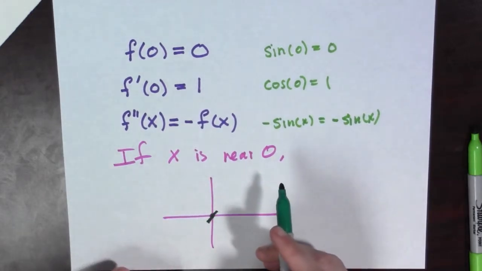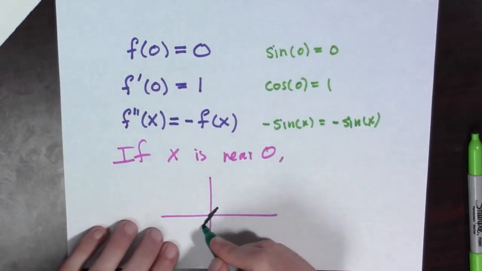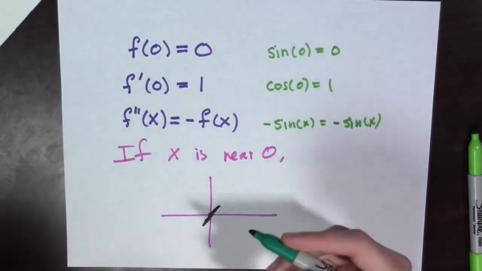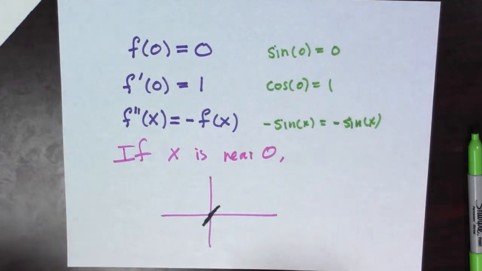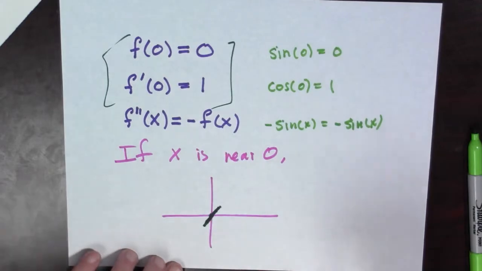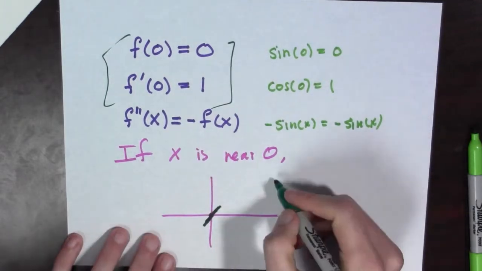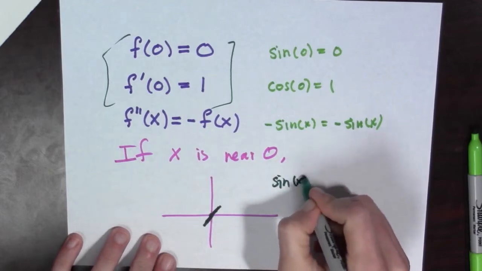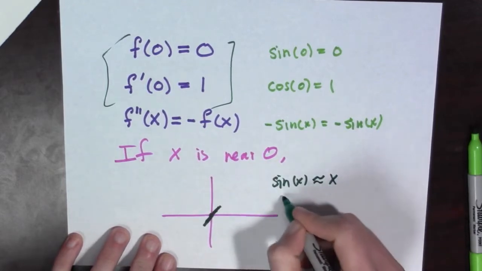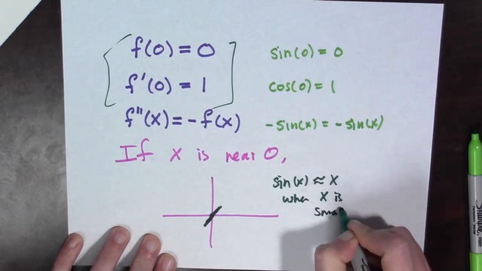F double prime is equal, this doesn't really help so much, but think about this. We're going to see that our curve, just by really the first two, has to basically agree with x near 0. So again, sine of x is approximately x when x is small.